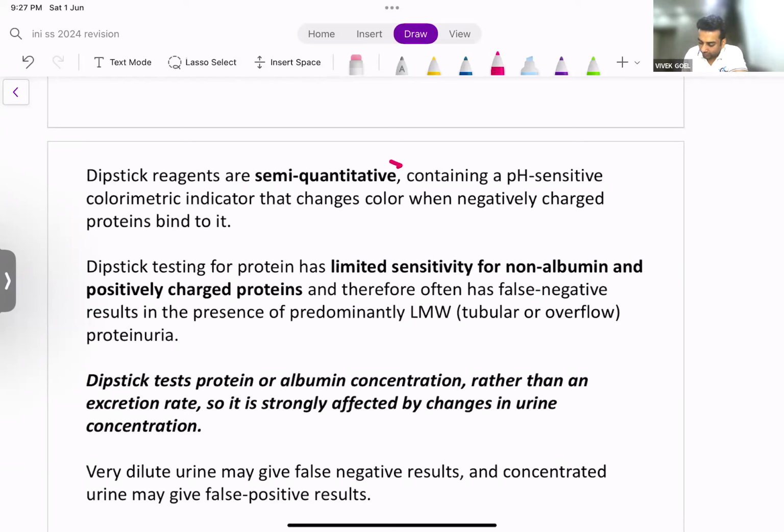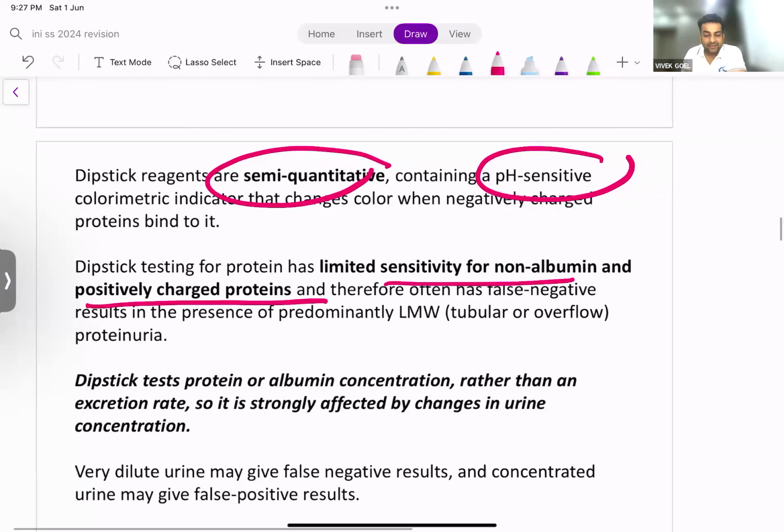But understand that it is only sensitive to albumin, and it does not detect non-albuminuric proteinuria. So other proteins, like the Tamm-Horsfall protein, like the Bence Jones protein, are not detected by your dipstick protein estimation, which is very, very important. I hope I am clear to all of you.